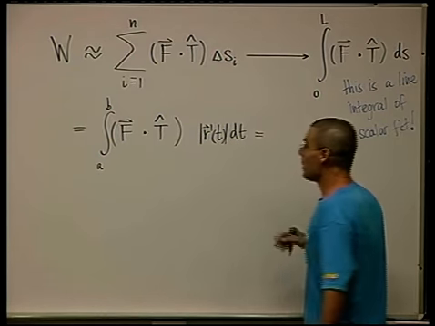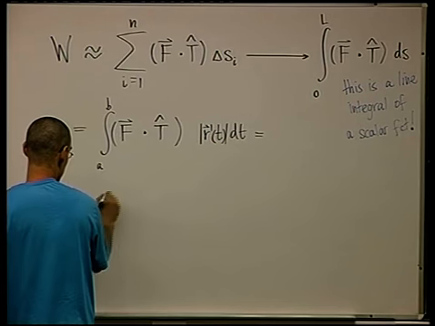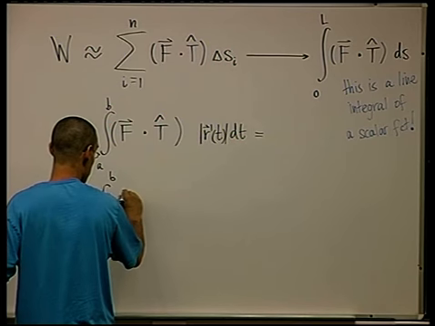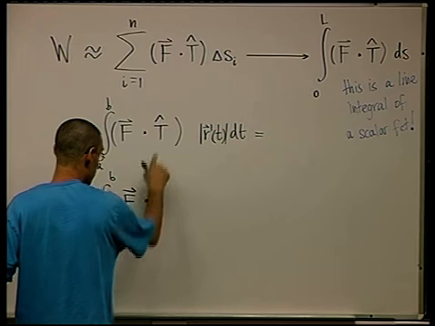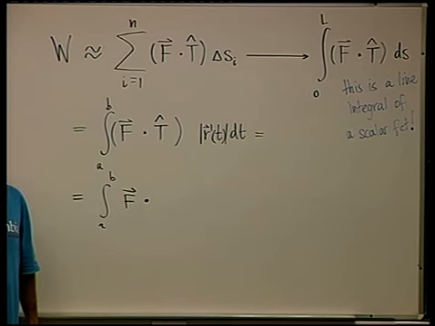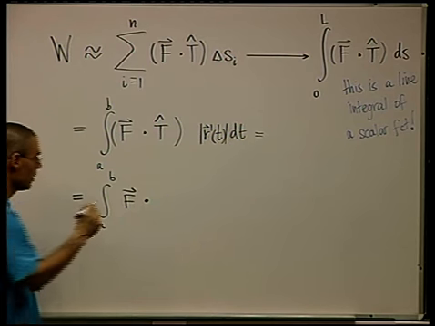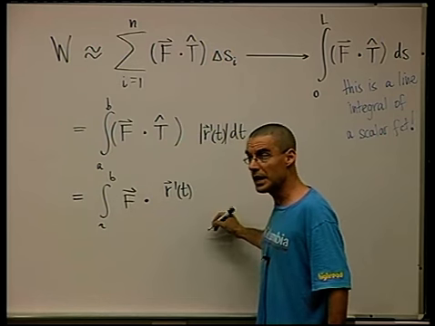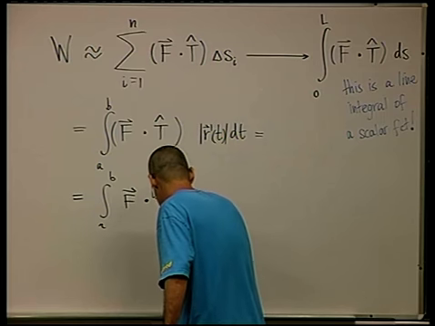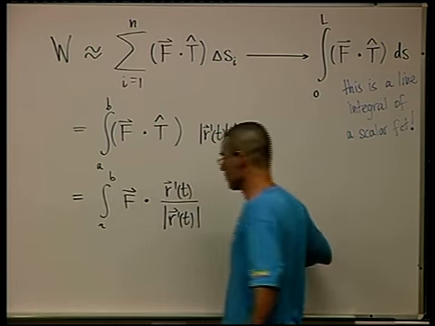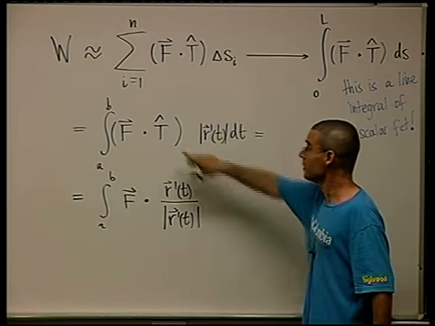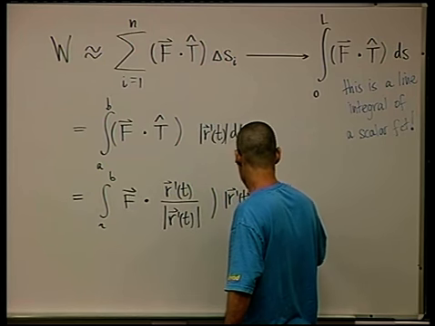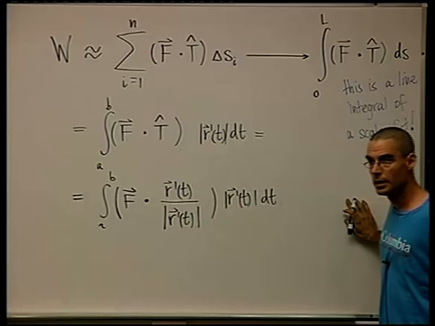But what is F dot T? Let me remind you that T was the normalized tangent vector. The tangent vector is r prime of t, and normalizing it means we're dividing by its length. Then I'm doing r prime of t dt, and this is a scalar.